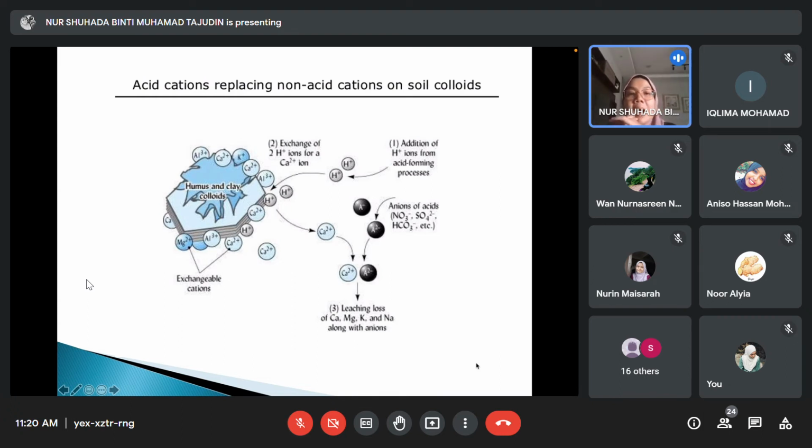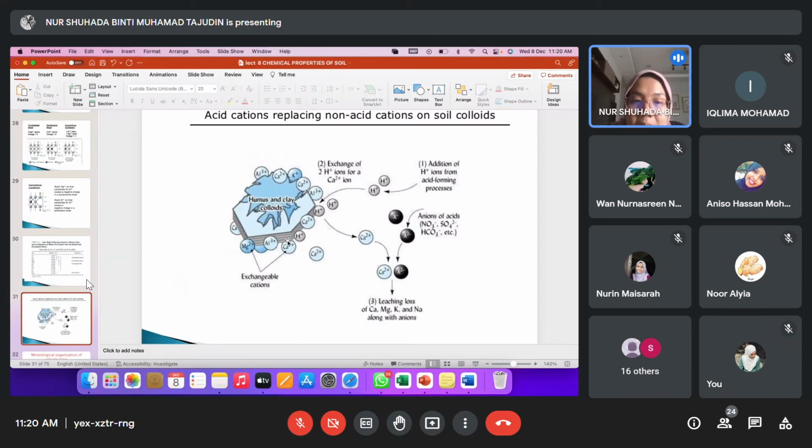So we go to how the acid cation replaces non-acid cations. If you see here, this is in soil. You can see that some of the soil has what we call exchangeable cations. So the soils are negative, so they hold the positive cations. Here you can see that the soil holds the aluminium, the calcium, and the H+. This is what I called just now the H+ jahat. In acidic soils, the H+ will sit at all the negative charges created by the soil.